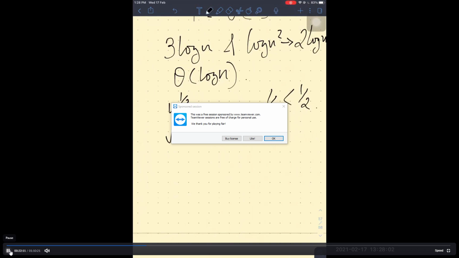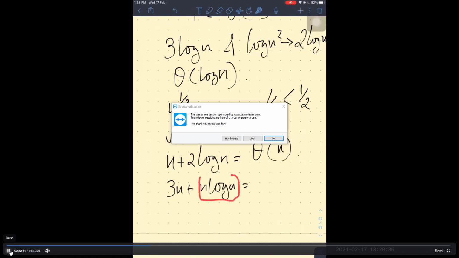Then we get n plus 2 log n. It will have runtime of theta of n, because this is the highest degree term of n in this equation. And then we have 3n plus n log n. Here, this term is the highest degree term, as it will go faster than the 3n as n increases.